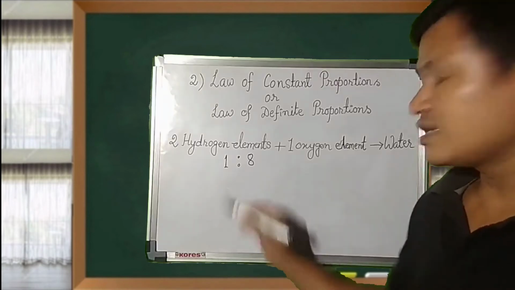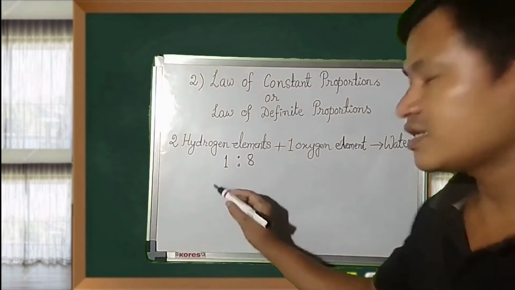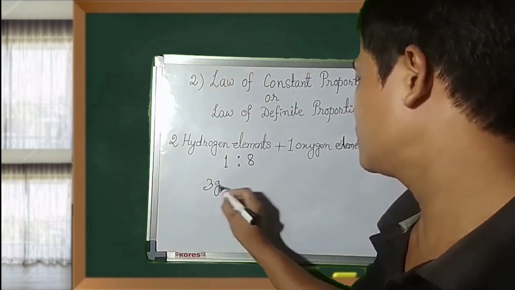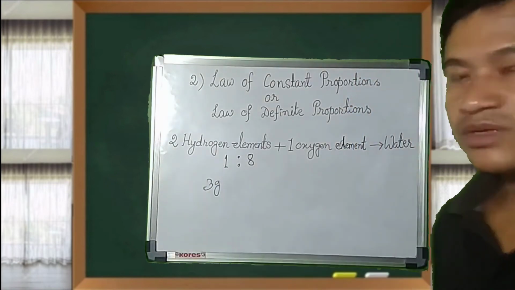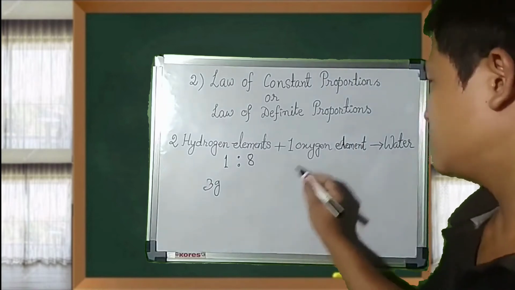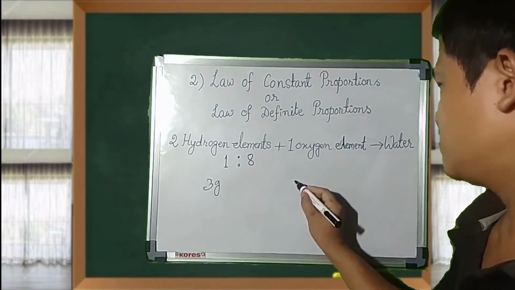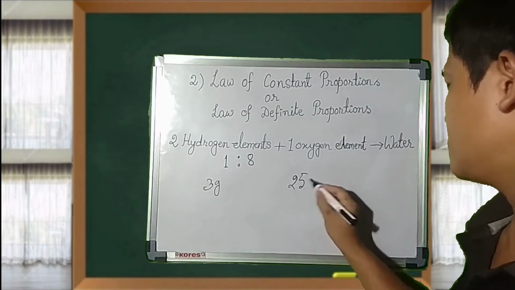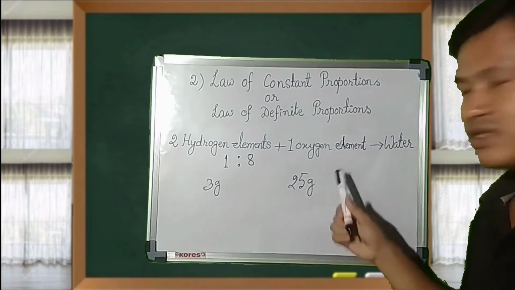Suppose there are 3 grams of hydrogen and 25 grams of oxygen.